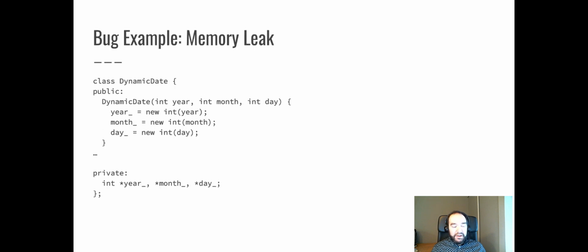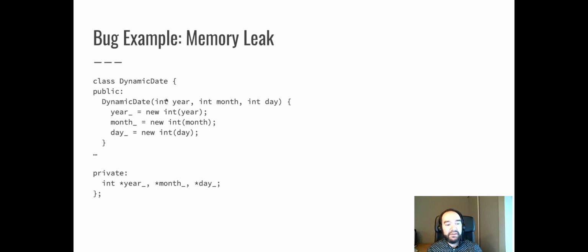So here's an example of code with a bug. This has a memory leak because my constructor allocates dynamic memory with new, and that memory is never freed with delete. I have my DynamicDate. It's an iteration on that date class, but now for some reason I'm storing the year, month, and day in dynamic memory.